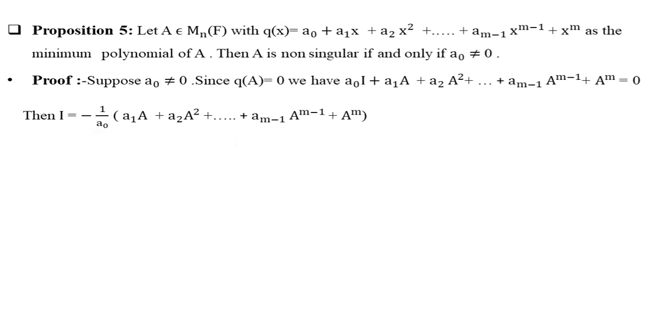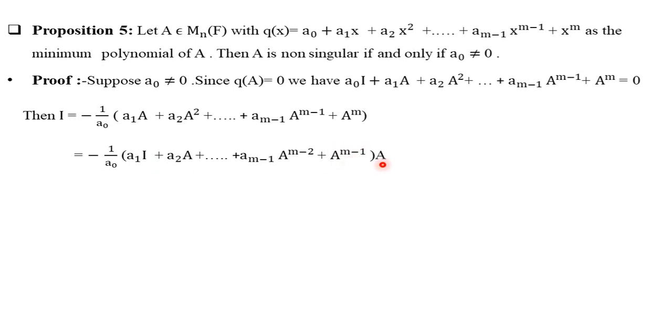So, next we take this A from all the terms. Here A is there, here A square, last term A power m. So, take one A common, that is taken outside to get I as minus 1 by a0, a1I plus a2A etc. plus a(m minus 1) A power m minus 1 into A.